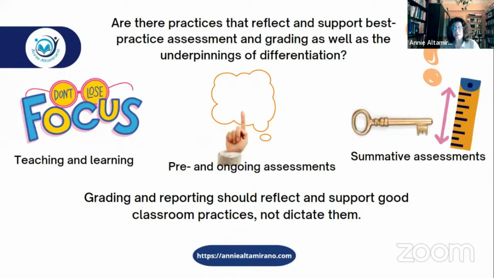Grading and reporting should be seen as particular moments that happen periodically in a much longer cycle of planning, teaching, learning, feedback, and measurement. So, teaching and learning should be the primary focus of the classroom.